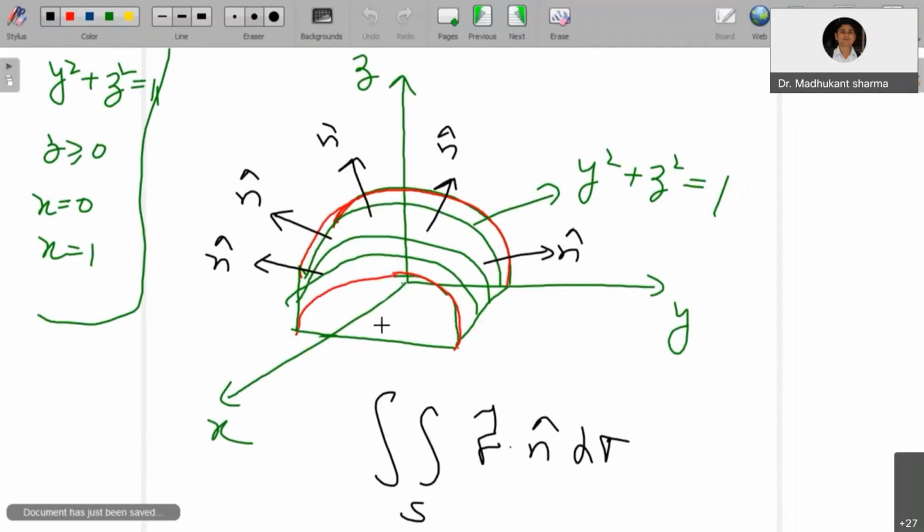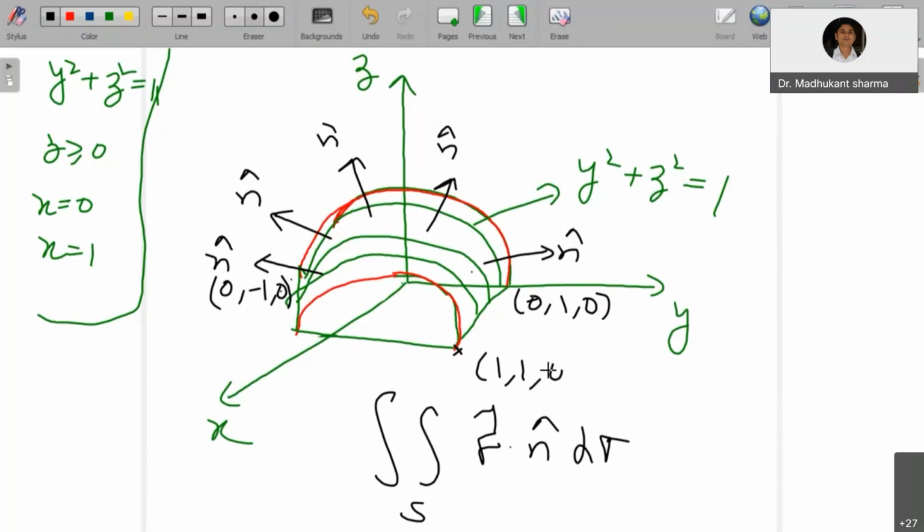The shadow on the xy plane is going to be x equals to 0 to x equals to 1, and this point is 0 1 0, and this side is 0 minus 1 0, and this point is 1 1 0, and this side is x equals to 1, right?